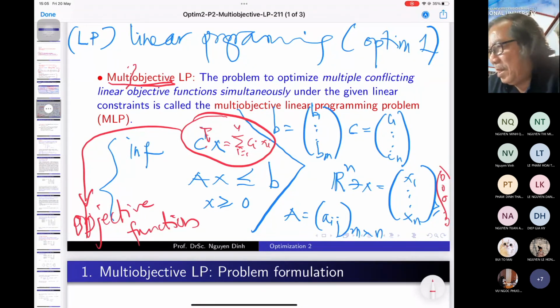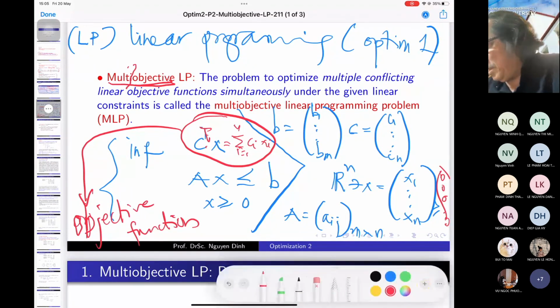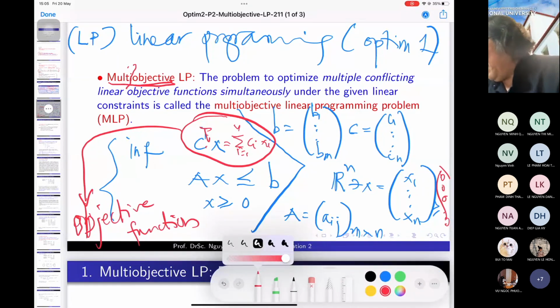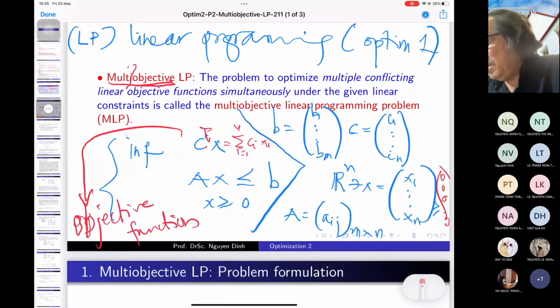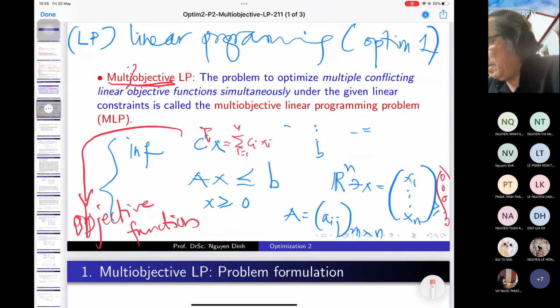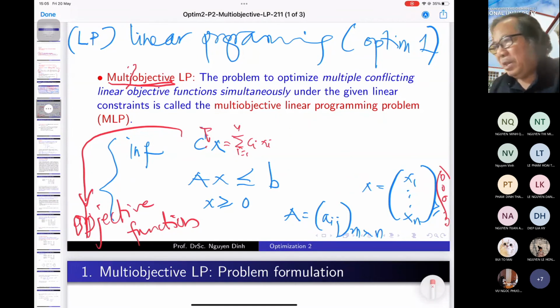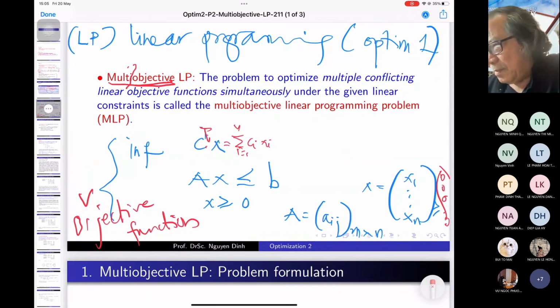It's very easy. So multi-objective means what? So you understand the linear programming, I don't need to explain more clearly here. I just want to tell you what multi-objective is.